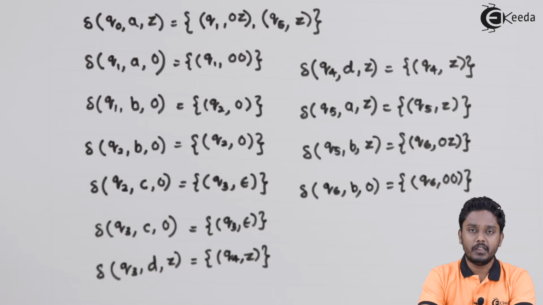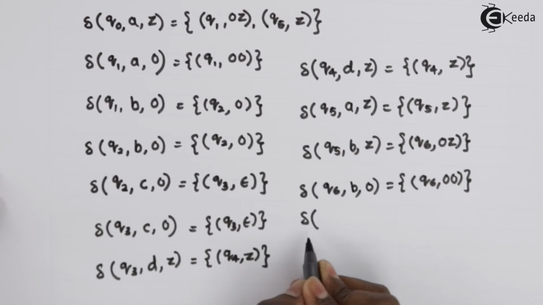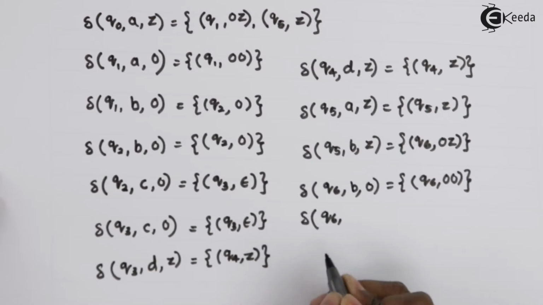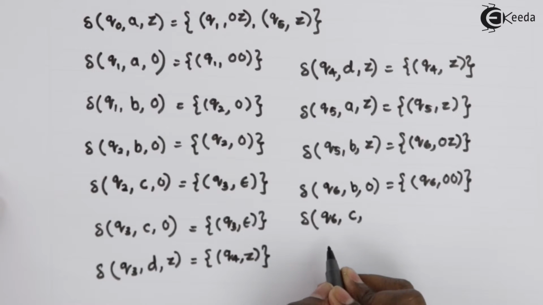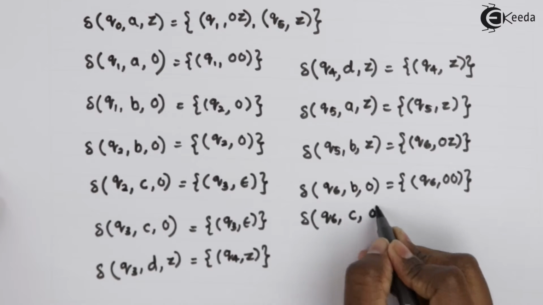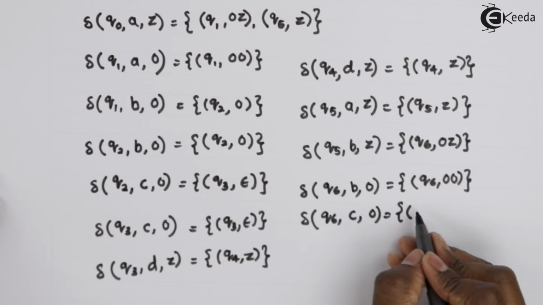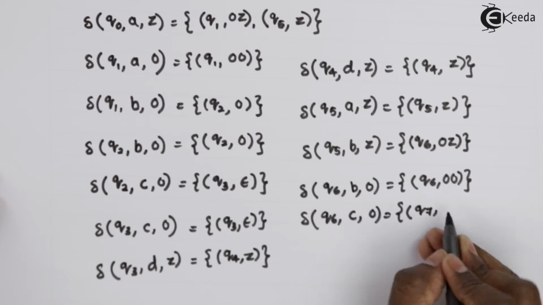On encountering C, we need to skip them. So for that, we're using the state Q7. Delta of Q6 with C, 0 as the top of the stack. We'll have Q7, keeping 0 as it is.